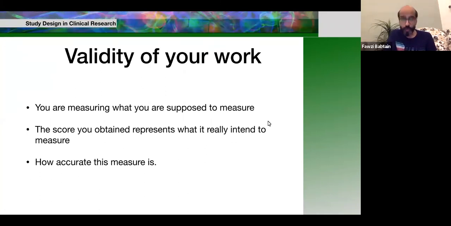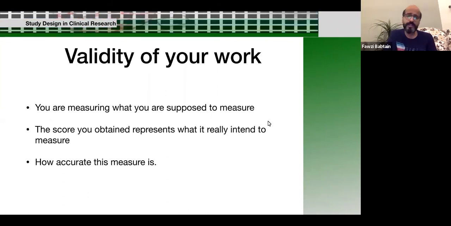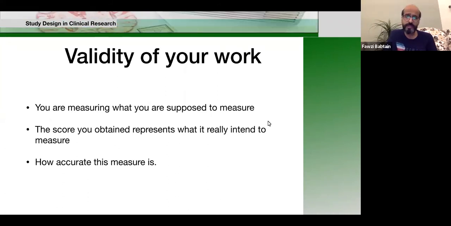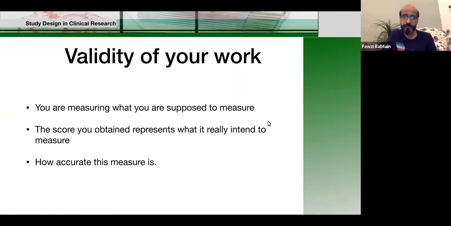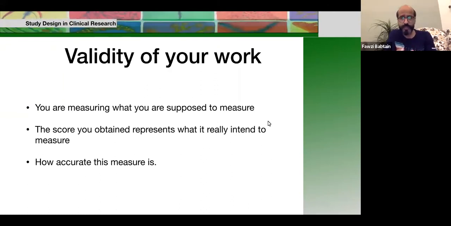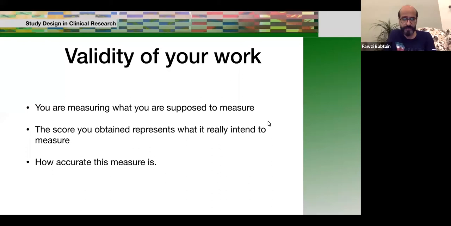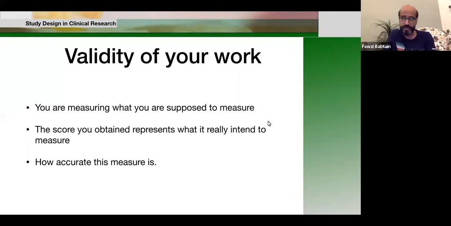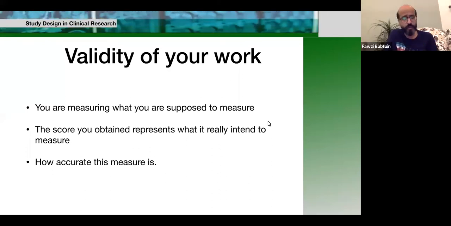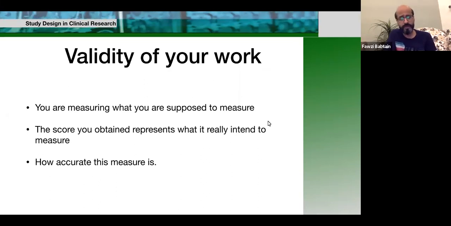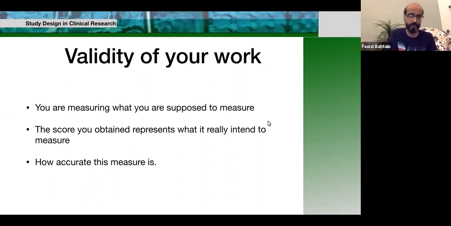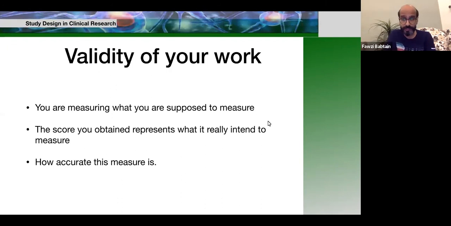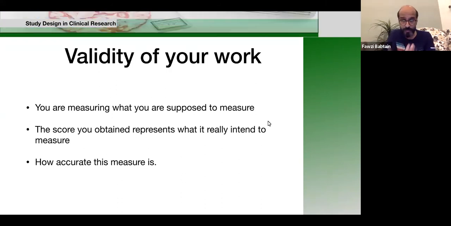For example, the score you obtained really represents what it was supposed to measure. So here we are talking not about consistency, but rather about how accurate is the measure that you are using. But always you will be bugged by the validity of the way you collect your data, the way you interpret your data, and the way you come up with the conclusions. And this is very crucial.